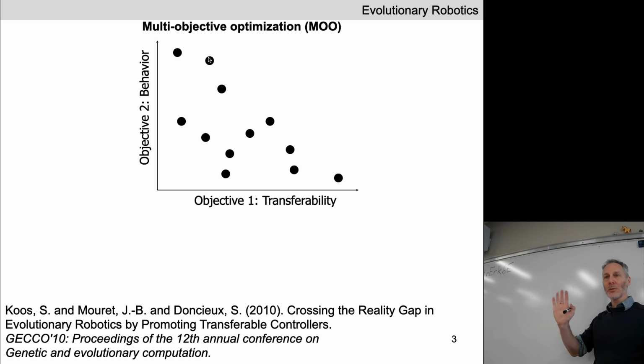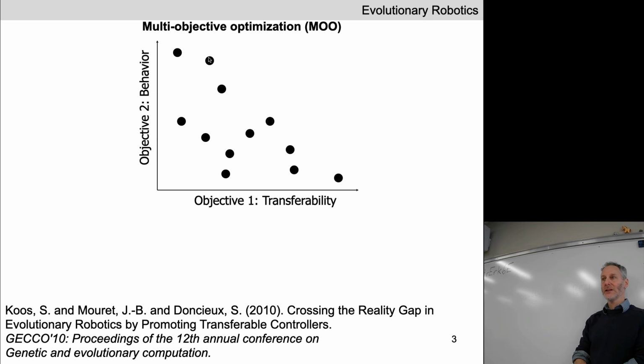Kind of defeats the purpose of using a simulator, but for the purpose of introducing MOO, let's just assume that's the case. If this is an evolutionary algorithm, at this point in time, this is the population of controllers, and this is the transferability and efficaciousness of every controller. Who lives and who dies going into the next evolutionary generation?